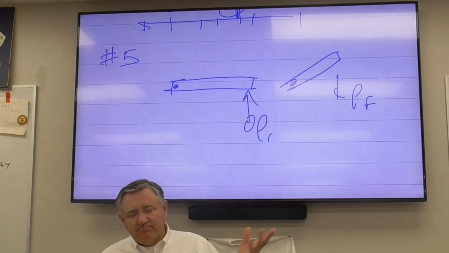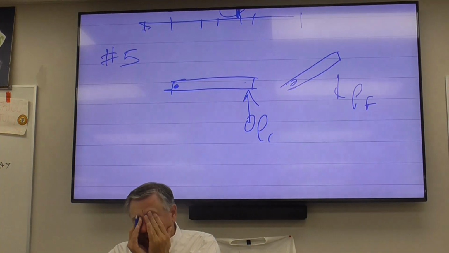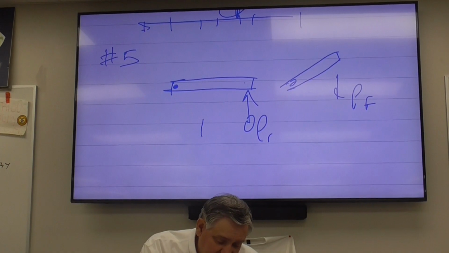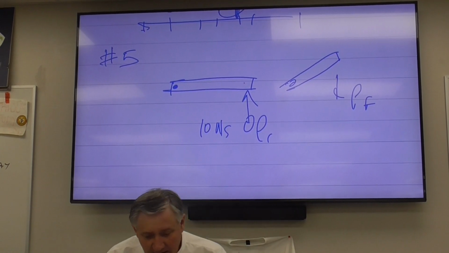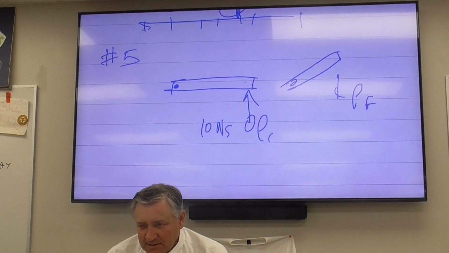Let's put in some numbers. When I take a problem like this, I'm more of a numbers kind of person. So I randomly said I'm going to let that have a momentum of 10 Newton seconds. It could be 20, I just happen to pick 10.